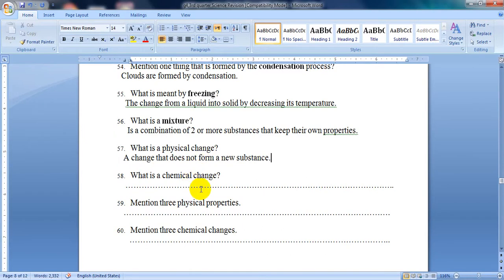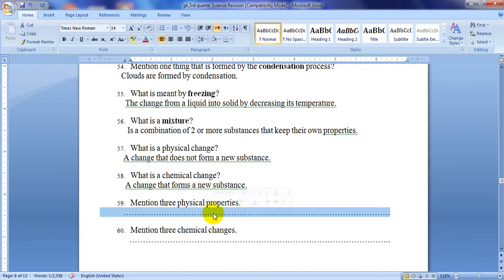What about a chemical change? It's the opposite. It's a change through which a new substance is formed. So it is a change that forms a new substance.